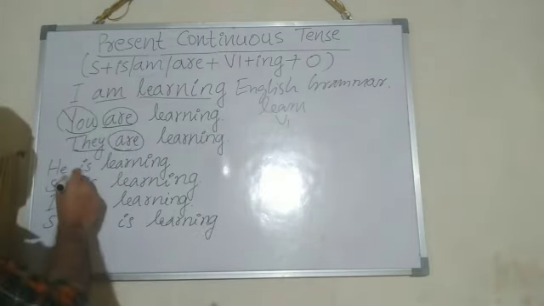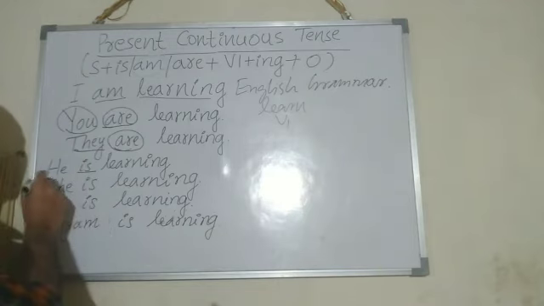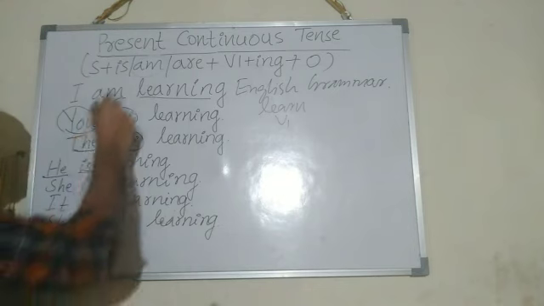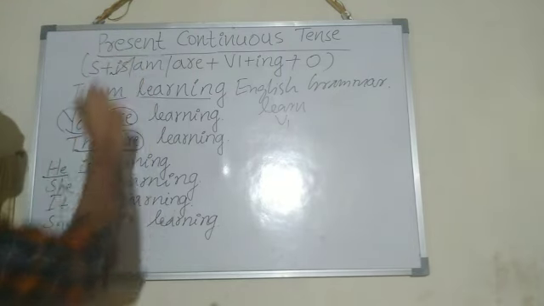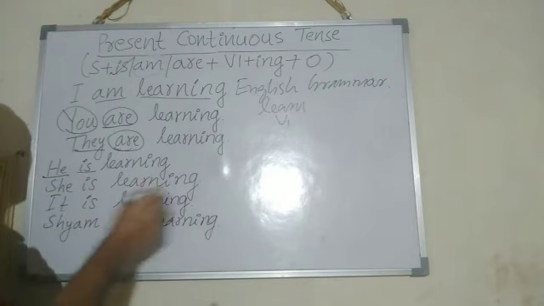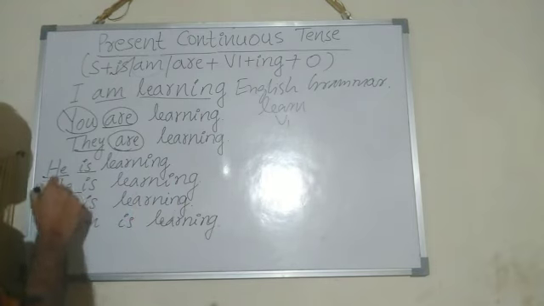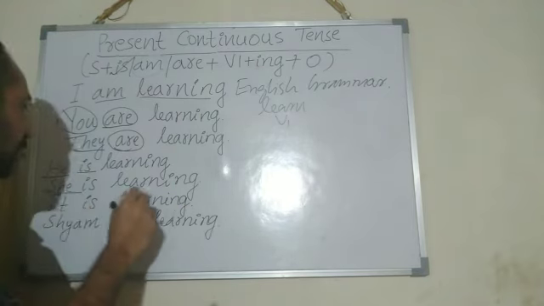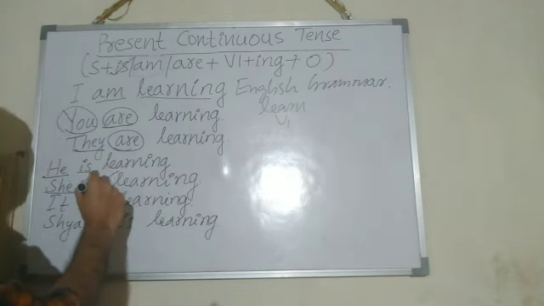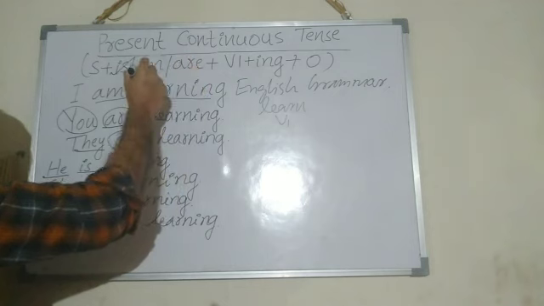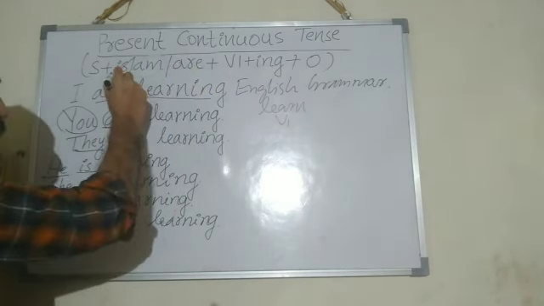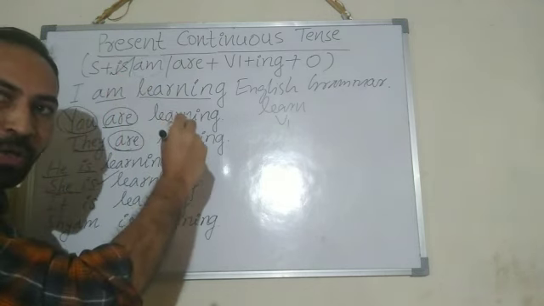Next, he is learning. I used here is because he is the subject, that is singular, so I have to choose is. Next, she is learning, because she is the subject, that is also singular, so I have to choose here is. I cannot write here are or am. If the subject is singular, I should use a singular auxiliary verb.